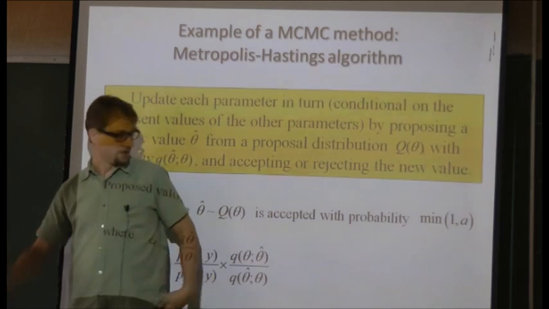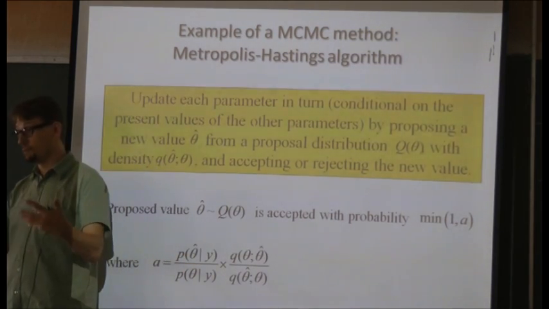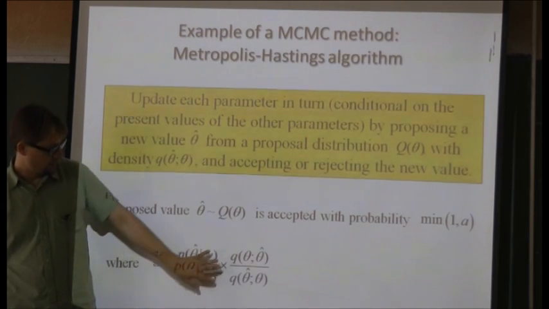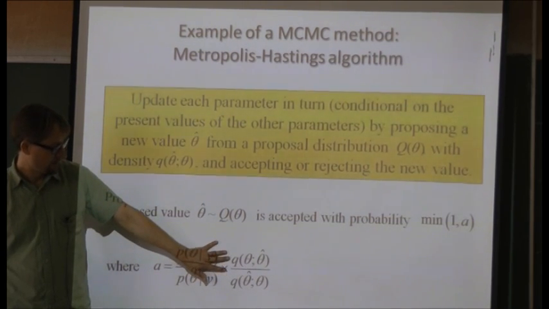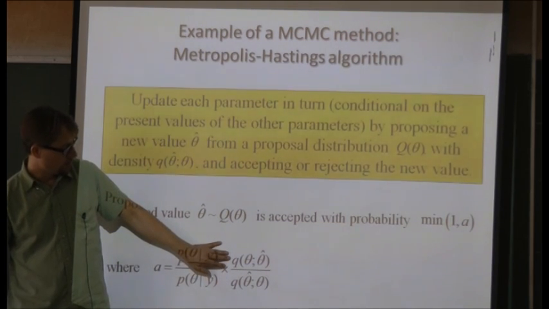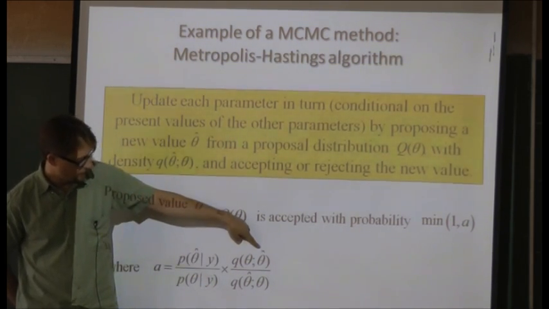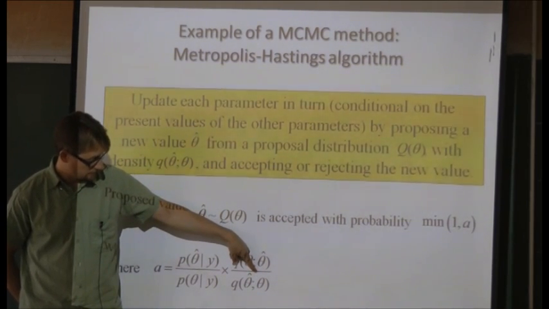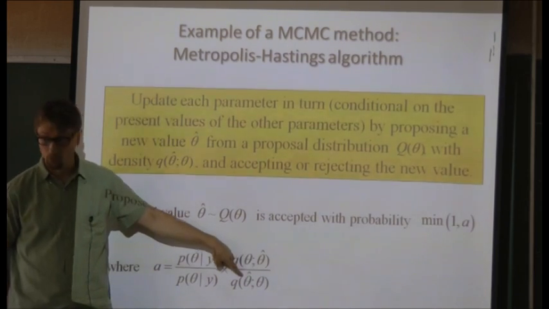And if you forget about that, then you too often sample those kind of values. That's why you have to correct for it. So what we have here is the density of that proposal distribution going from the new value to the old value divided by going from the present value to the new value.